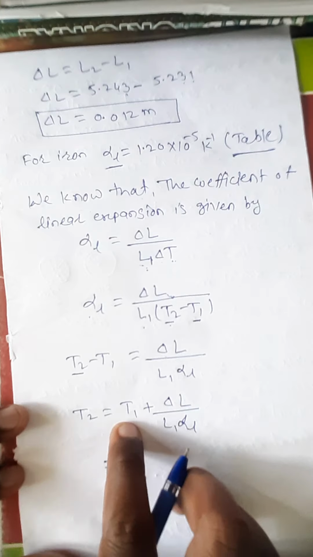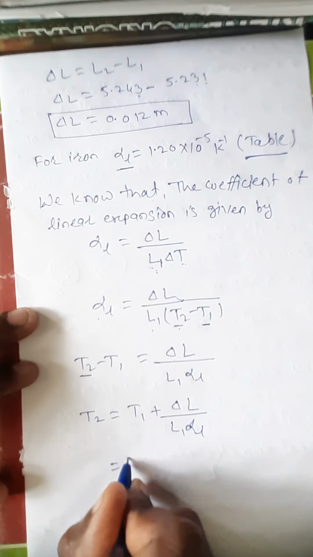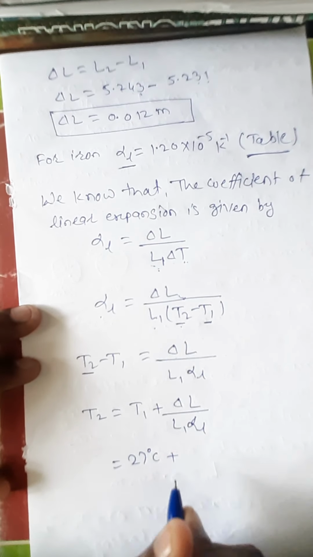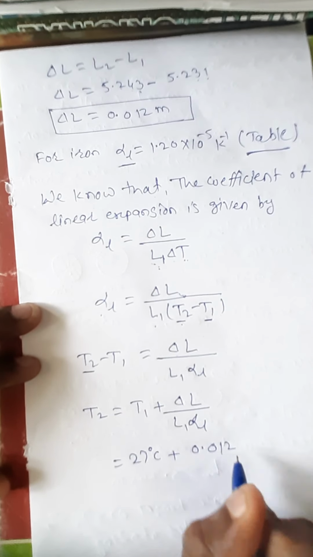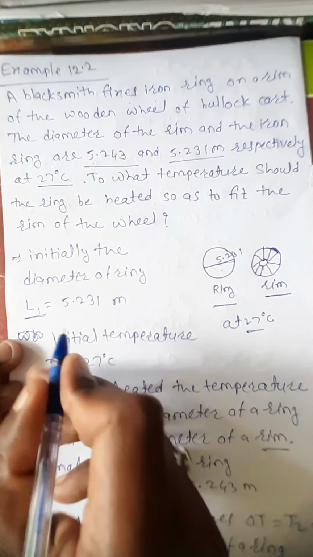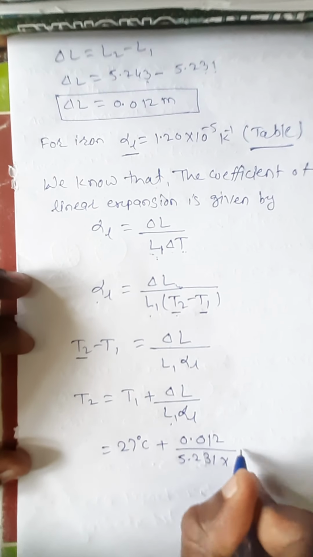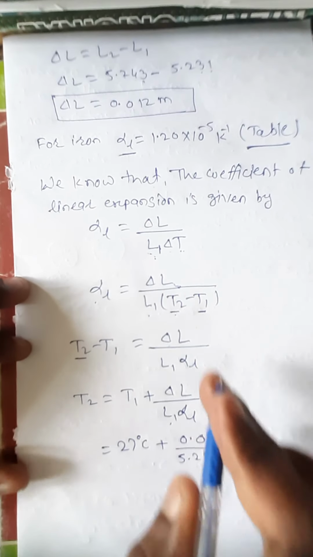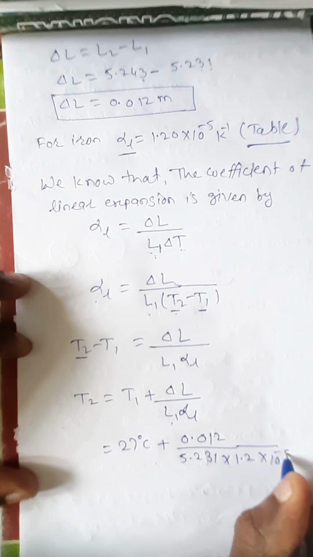Therefore what is T1, the initial temperature? T1 is 27 degrees Celsius. Therefore 27 degrees Celsius plus delta L, which is 0.012 meter, divided by the initial length L1, which is 5.231, into alpha L. What is alpha L? 1.2 into 10 to the power of minus 5.